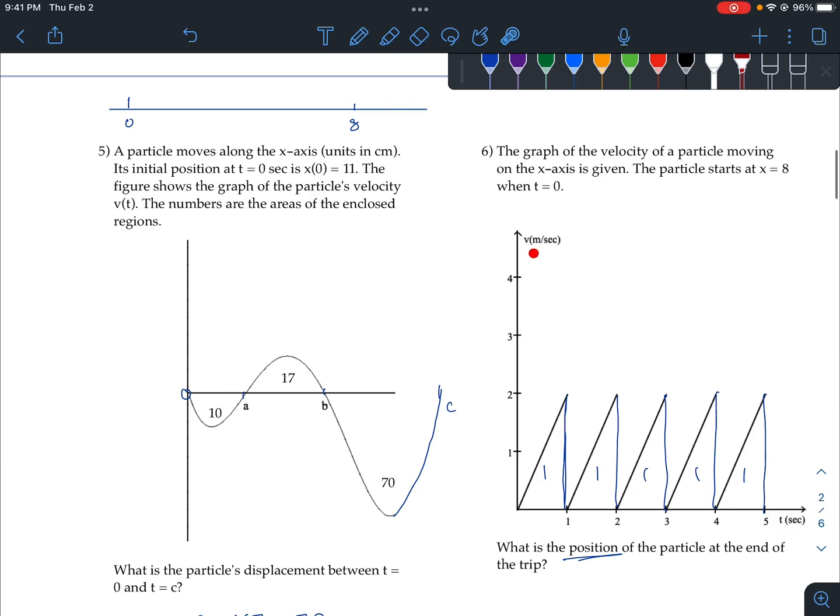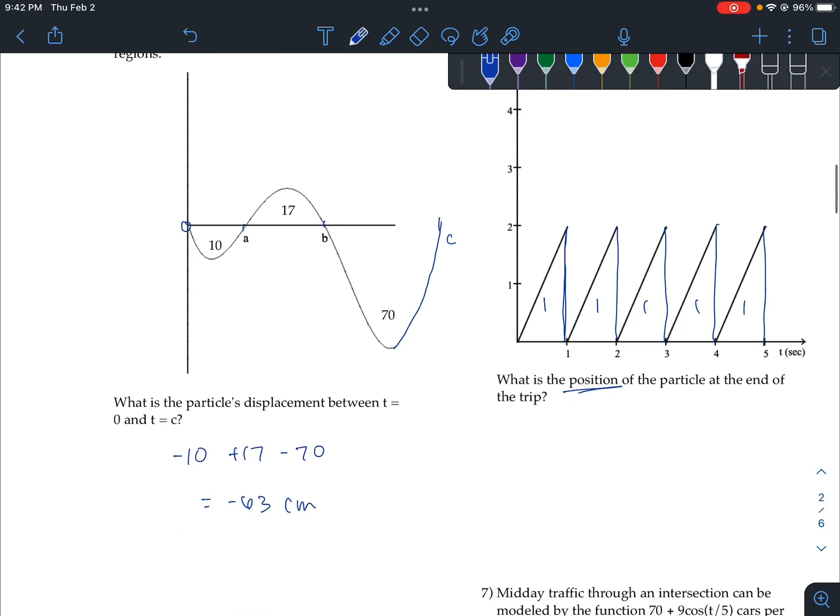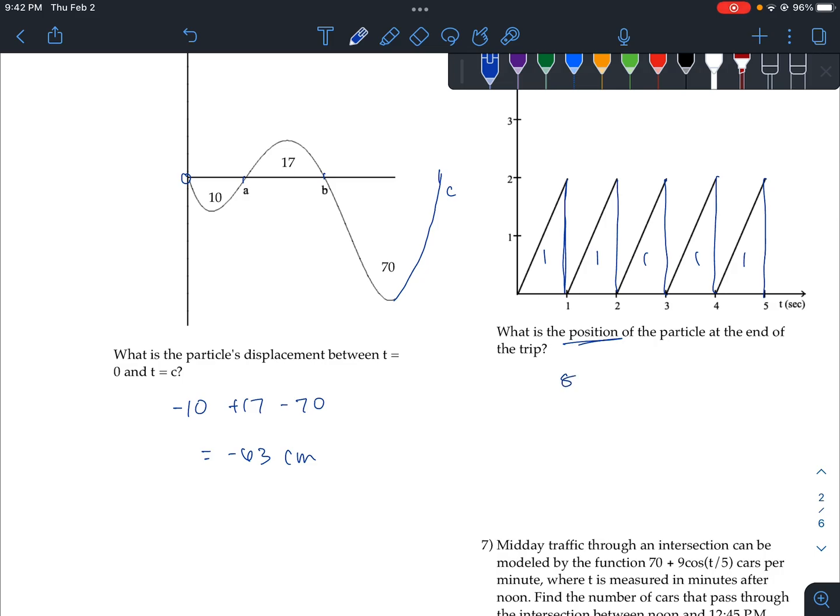No, we're in meters. So it moved a meter, another meter, and another meter. So 8 to 9, 9 to 10. So a total of 5. That should be 8 plus 5. Starting at 8, plus 5, it's at 13 meters.